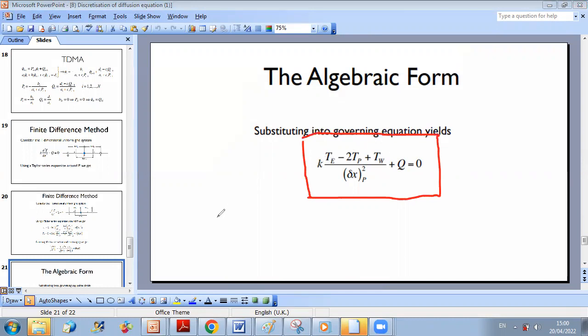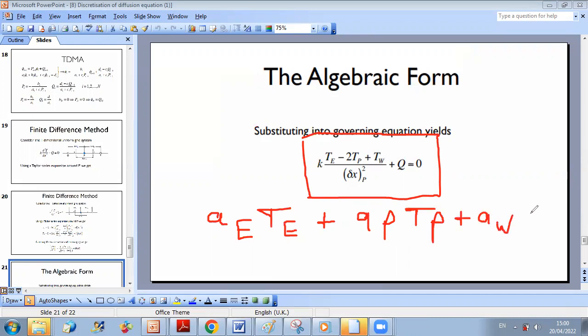Meaning, didn't we write, for example, if we are working in 1D, a east T east plus a p Tp plus a west T west equal to a certain source term, right? Equal to bp. Let us define the coefficients here.